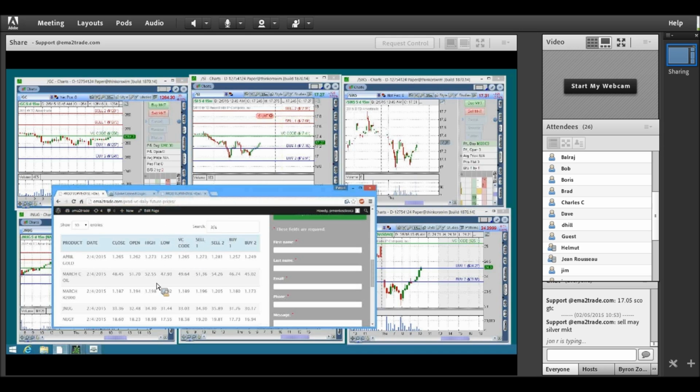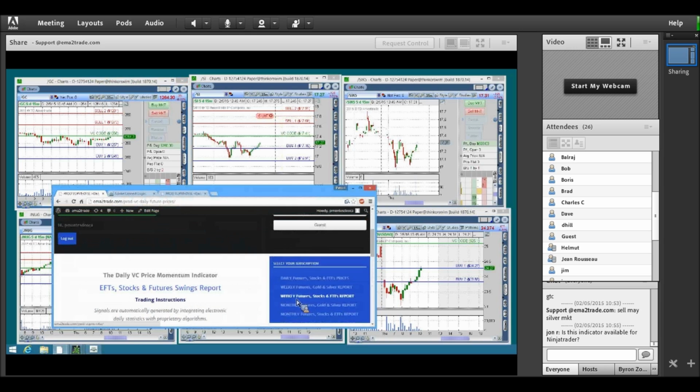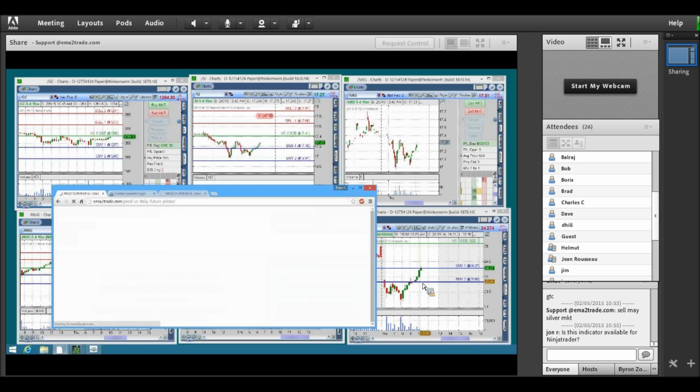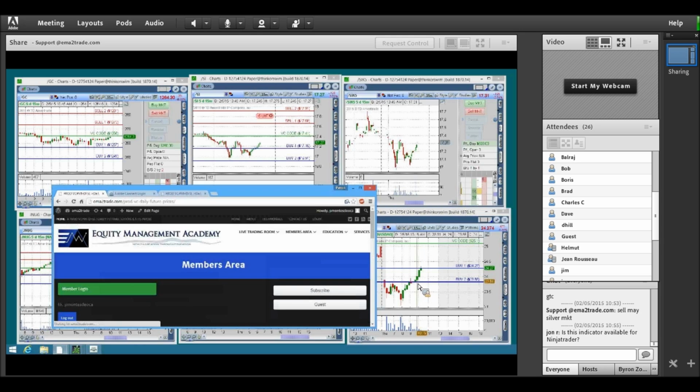What I want to do here is go back to the weekly report. In fact, let me just take a minute here and review this signal that we produced as well in the USLV that we triggered here.